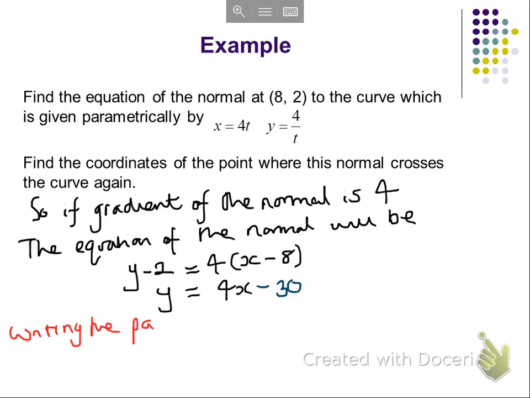Now writing the parametric equation as a Cartesian equation, we'll make t the subject of one and sub it into the second one.